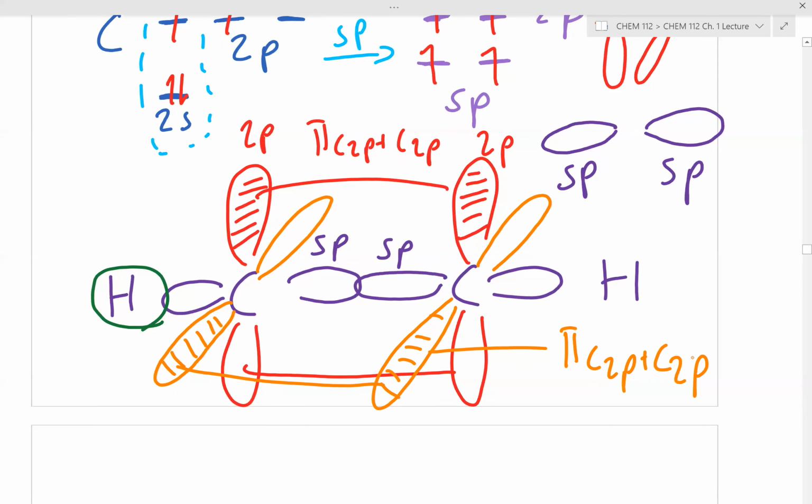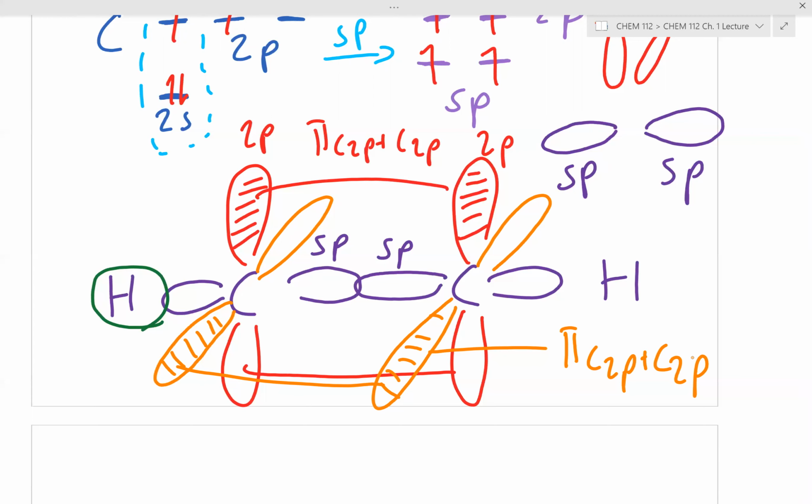And the key feature I want you to take away from all of this, what is the criteria for these orbitals to overlap? Do they have to have the same orientation to overlap? Looking at the picture, yes, they have to have the same orientation.